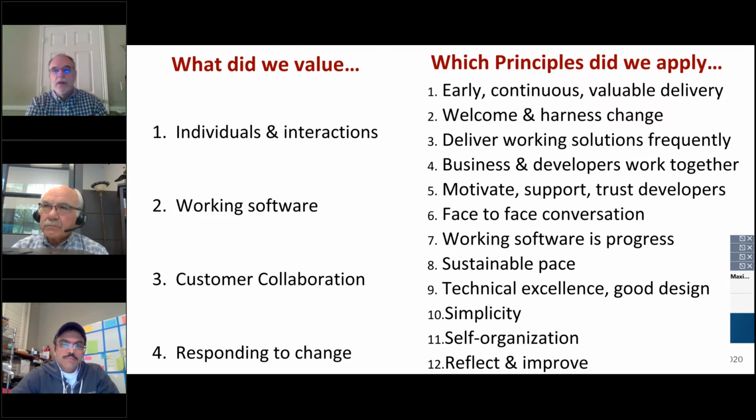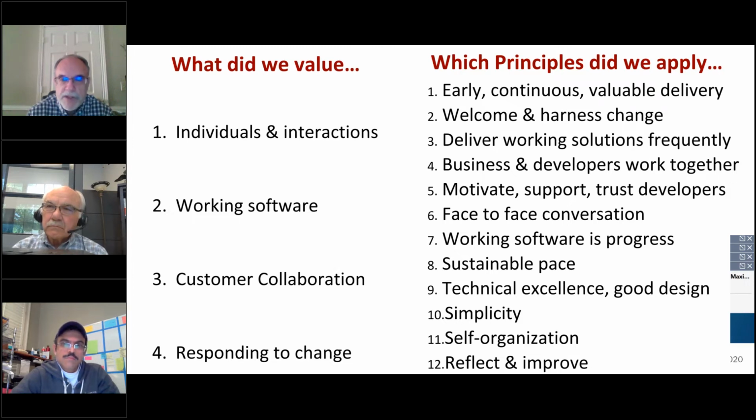And we did early, continuous, and valuable delivery. How do we know it was valuable? Well, because by implementing the principles of the ROI process, we were able to track very early leading indicators of the value, such as the reaction metrics and then the learning metrics, as opposed to waiting 6 to 9 to 12 months to determine if this training was going to provide bottom line ROI.